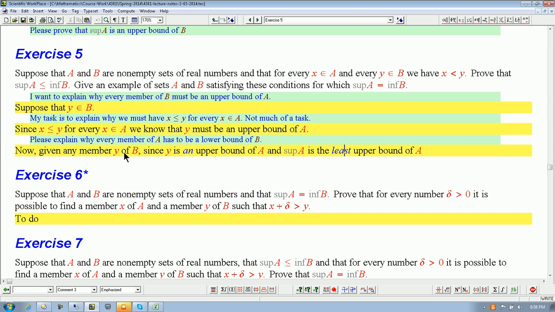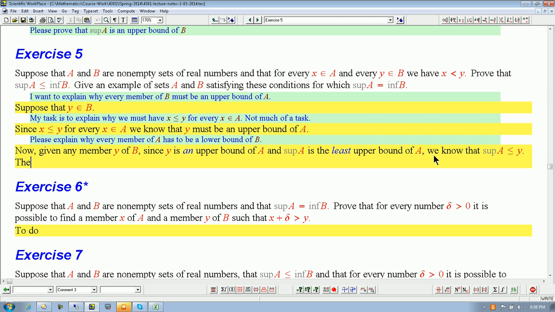Given any element Y of B, Y is known to be an upper bound of A, and sup A is the least upper bound of A. Since that, we know that sup A has to be less than or equal to Y. Reasonable? Yeah. The least upper bound can't be more than some upper bound. Okay?